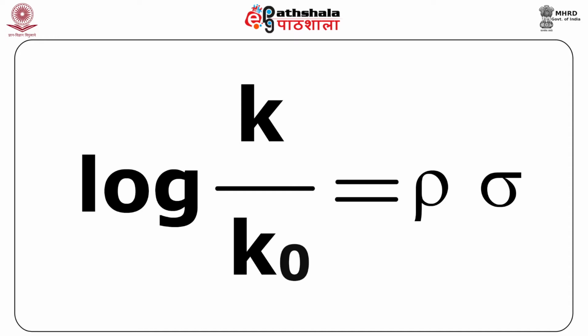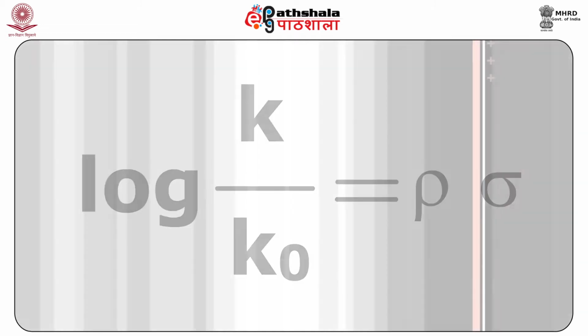The original Hammett equation is log K by K naught equals rho into sigma. K naught is divided by 6 and for meta substitution K is divided by 2, so that the comparisons are made for only that very position, that means ortho, meta or para.